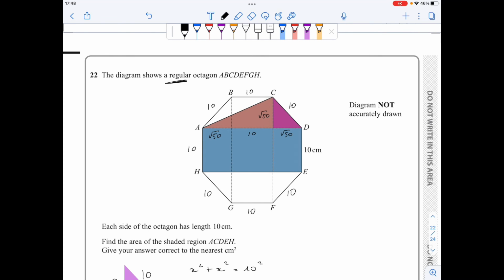Hence, the length of my blue rectangle is 10 plus 2 times square root of 50. And this is also the base of the red triangle. And furthermore, the height of the red triangle is square root of 50. So let's extract these two shapes.